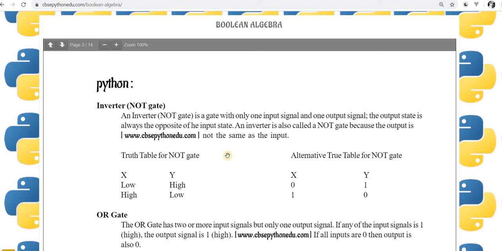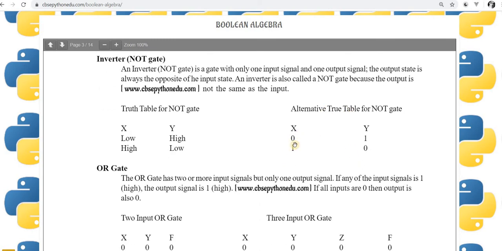If the input is true, then the output will be false, and if the input is false, then the output will be true. NOT gate works with only one input. There is a truth table of NOT gate: 0 1 1 0. Here x is input and y is the output.